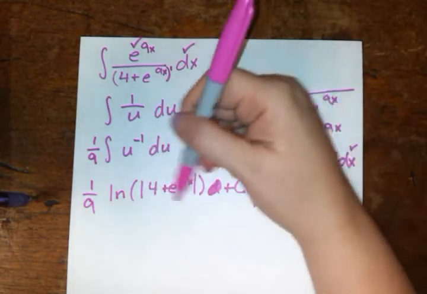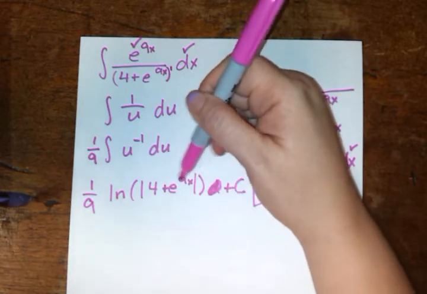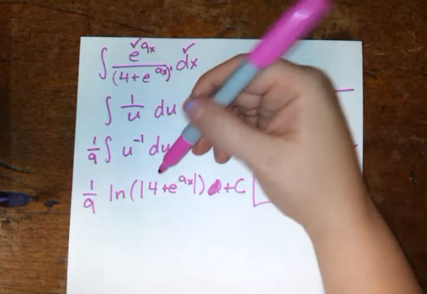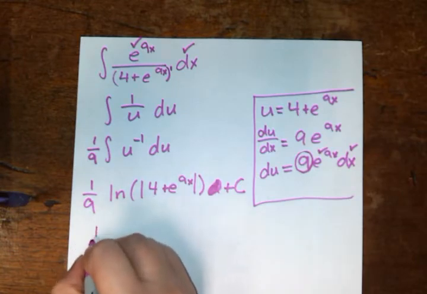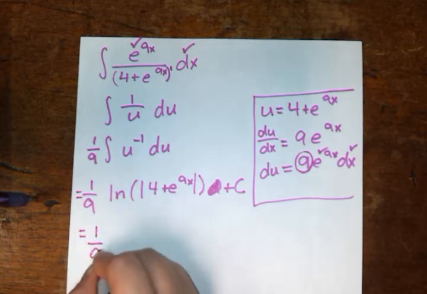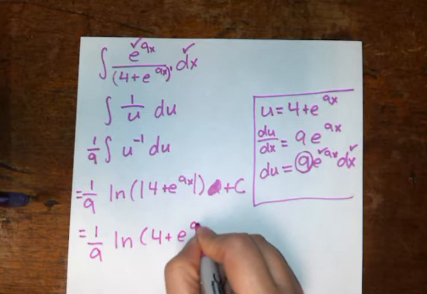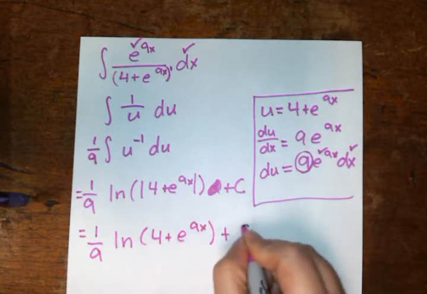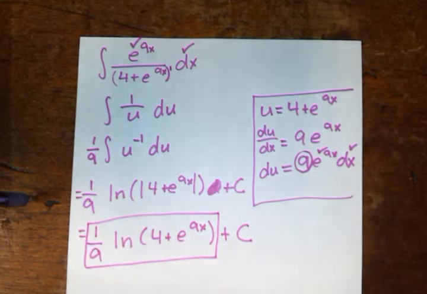We don't even need these absolute value signs because 4 plus e to the 9x is always positive. That's never negative, so we can just rewrite this again one more time. I need to put some equal signs in here. Equals 1/9 times the natural log of 4 plus e to the 9x plus c. This is the part that you enter into WebAssign, and then you will have a correct answer.